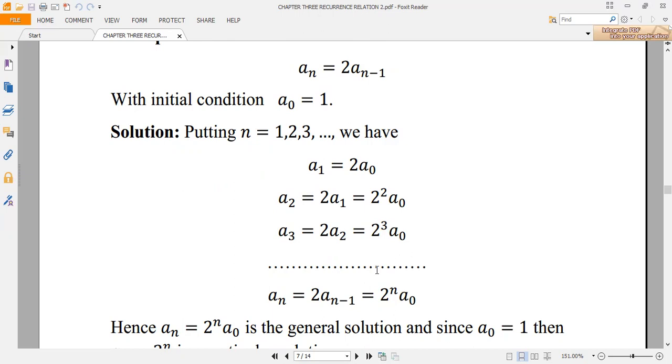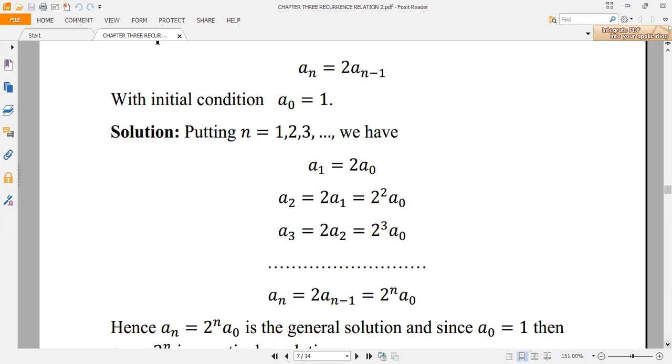In such a way, an will be 2 times an minus 1. But an minus 1 is defined before, so it will be 2 to the power of n times a naught. Hence, an equals 2 to the power of n times a naught is a general solution to the recurrence relation.